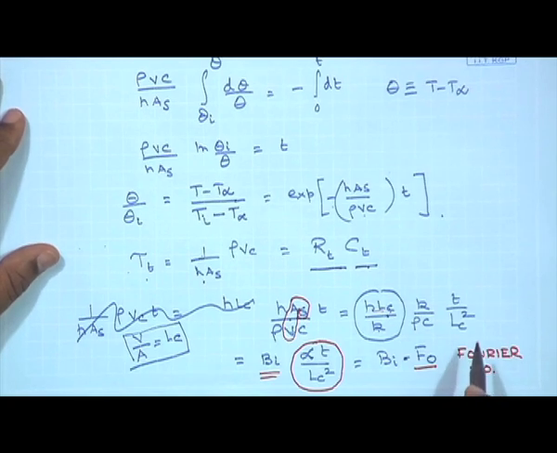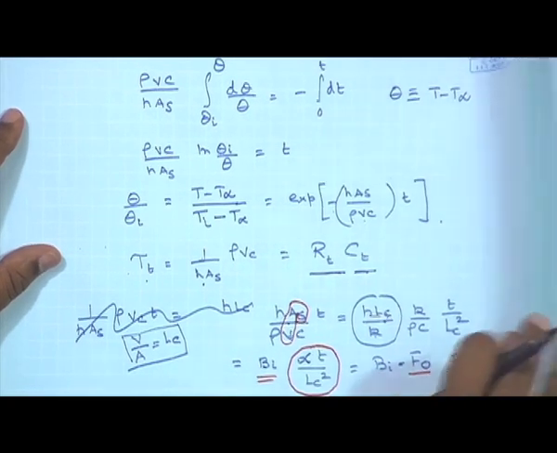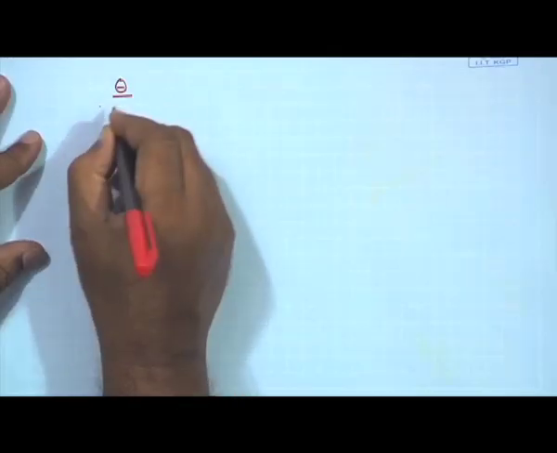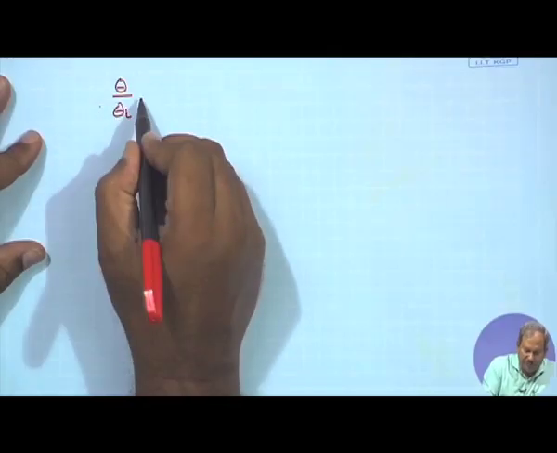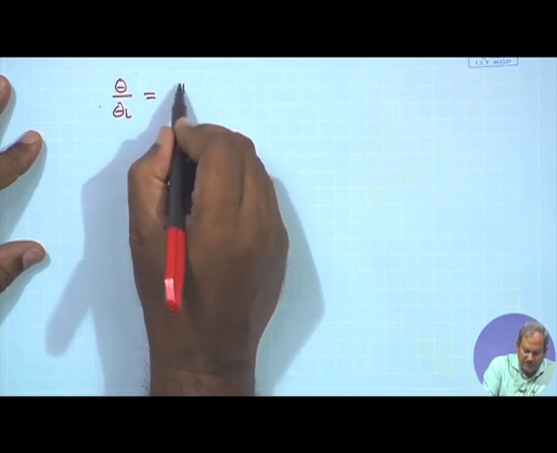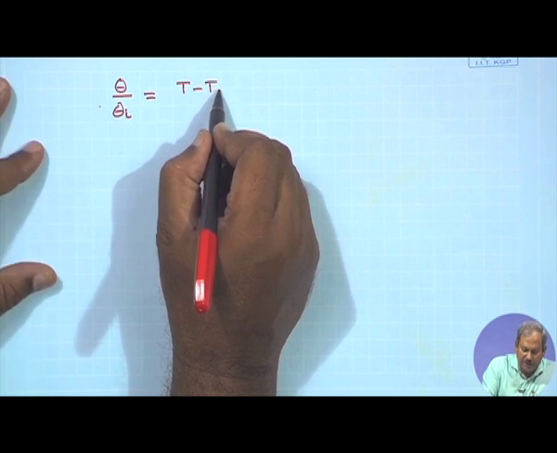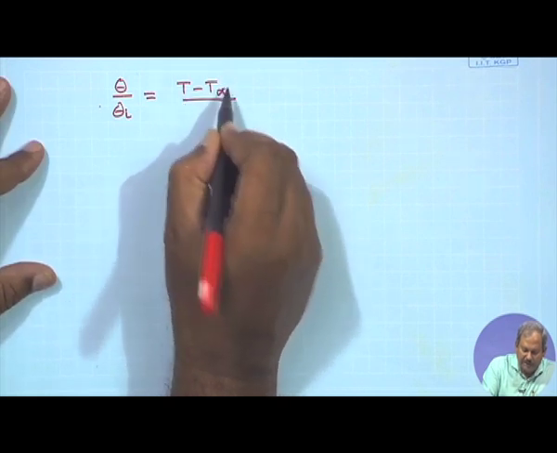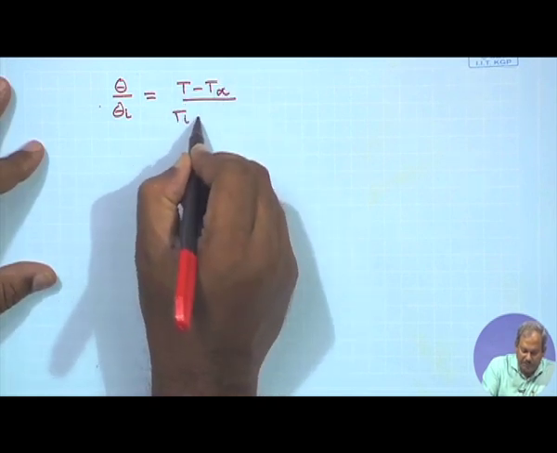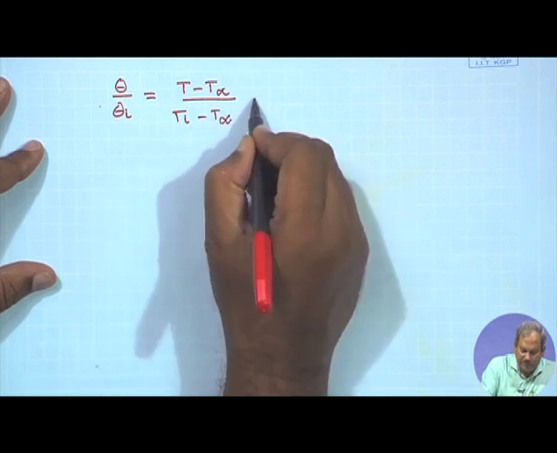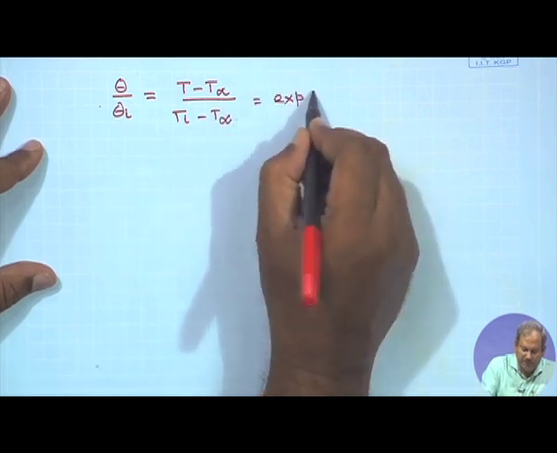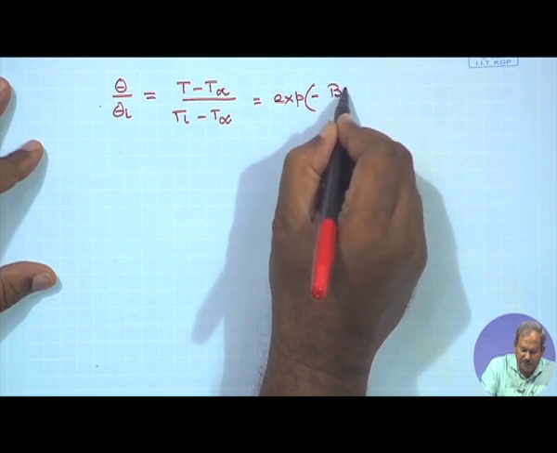The change in temperature of the solid object as a result of convection outside and conduction inside, if the lumped capacitance model is valid, is expressed in terms of two dimensionless quantities.